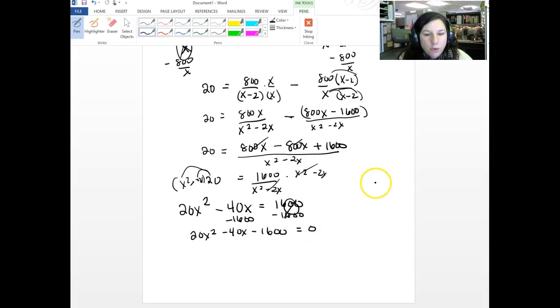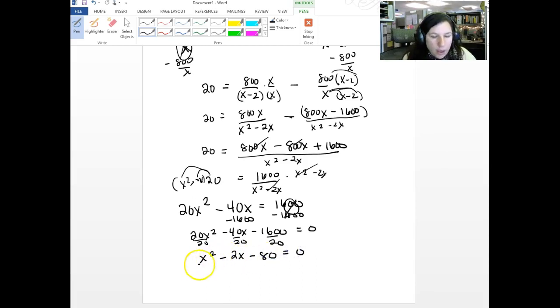Okay, now I have a quadratic equation. We're going to solve this by factoring, but first you should recognize that you can divide all of these by 20 to simplify it for yourself a bit. Okay, and then we're going to factor. X times X is X squared.